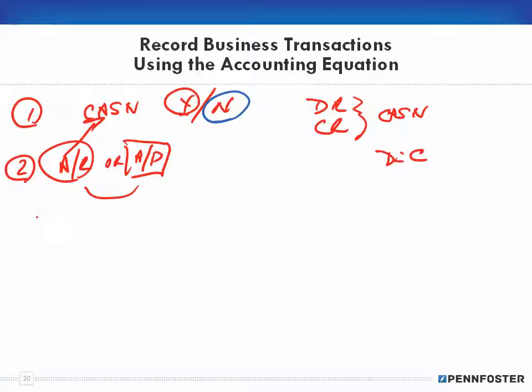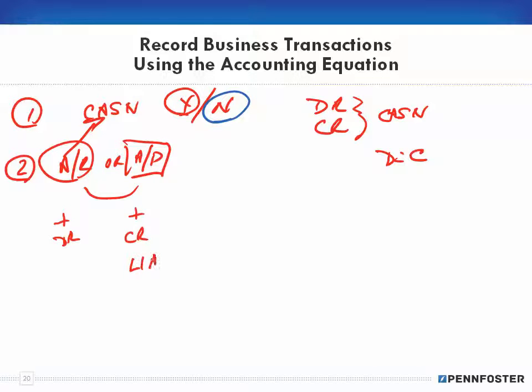They're two sides of the same coin. With accounts receivable, if it increases, I know I'm going to debit it. The opposite for accounts payable is, if I increase my accounts payable, the opposite side of the same coin is I would credit it.